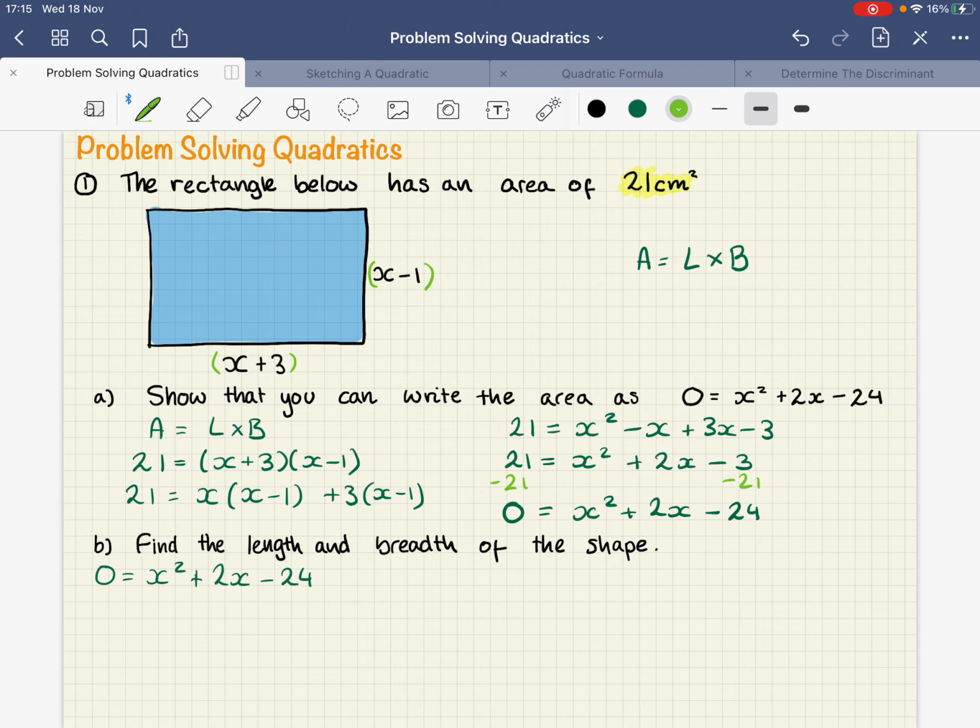So it's going to be a sum and product question here. So my sum is going to be that plus 2. Multiplying the front and the back, still going to be minus 24. Things that multiply: 1 times 24, 2 times 12, 3 times 8, and 4 times 6. The only one that I can use to make that plus 2 is by doing 6 take away 4.